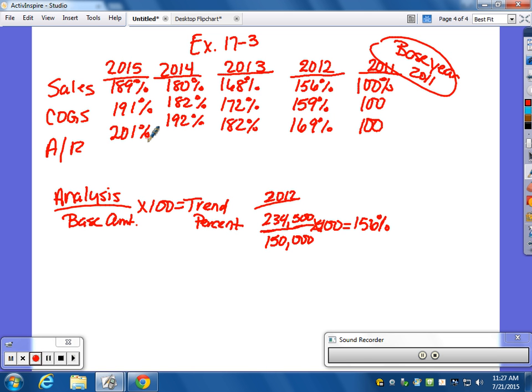Okay, exercise 17-5. Express the following comparative income statements in common size percents and assess whether or not this company's situation has improved in the most recent year. Round the percent to 1 decimal. So when we're doing common size percent, we are looking at sales as the base.